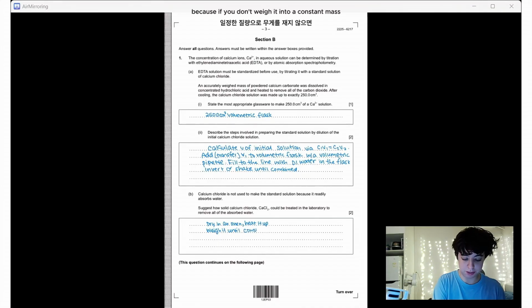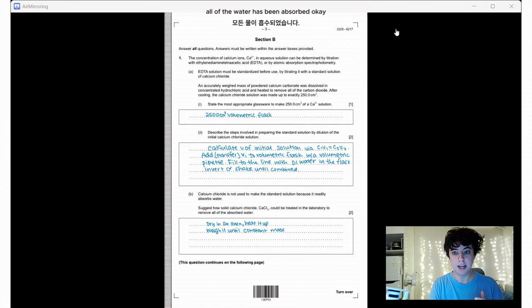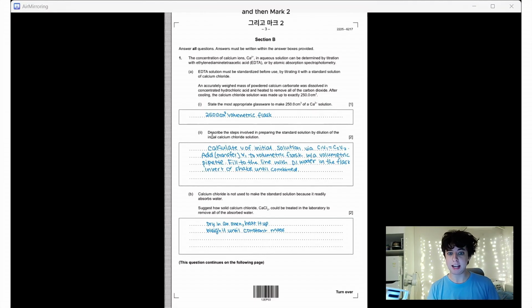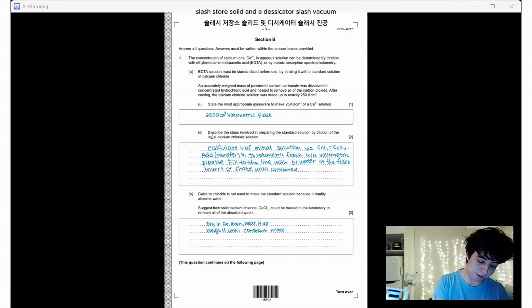Because if you don't weigh it until a constant mass, there's no way for you to know that all of the water has been removed. Then this was one where the mark scheme was interesting, where it said heat to constant mass / same mass twice. So the heating it up and constant mass were both combined into one mark. And then mark 2, this was one I actually missed when I took it, was cool / store solid in a desiccator / vacuum.